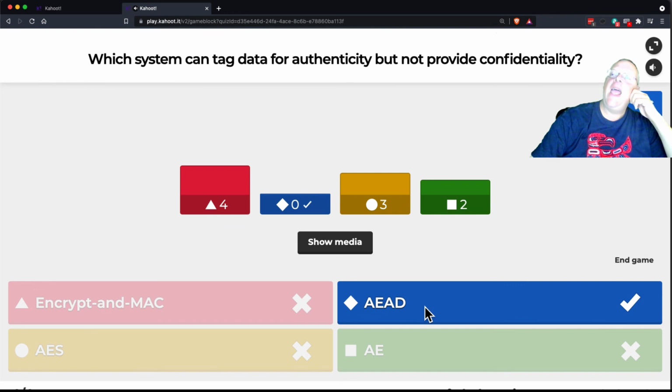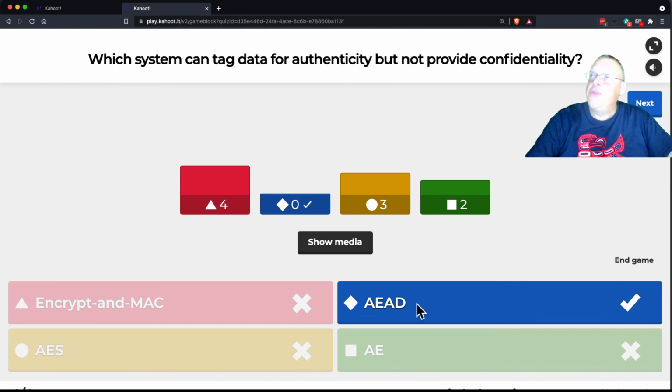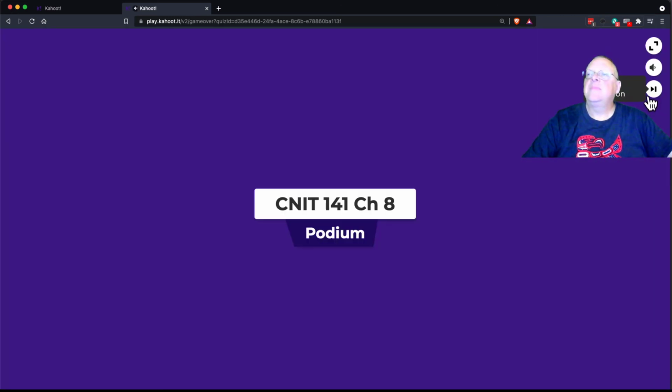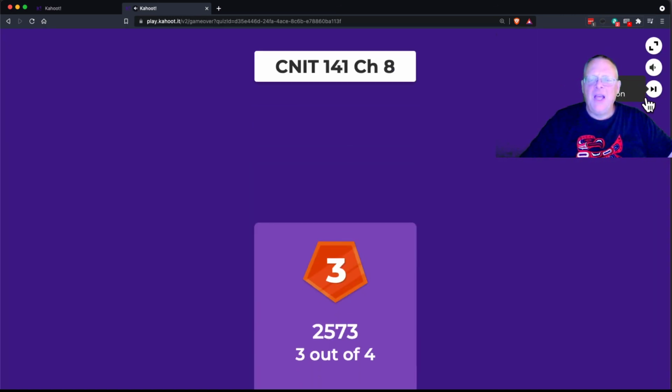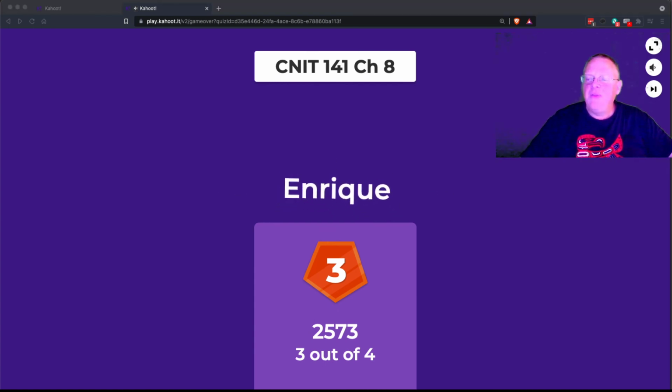It can add data, and one way to use this is to do that. You can send data that is not encrypted but is authenticated through AEAD. I realize that question might be a little misleading. Anyway.